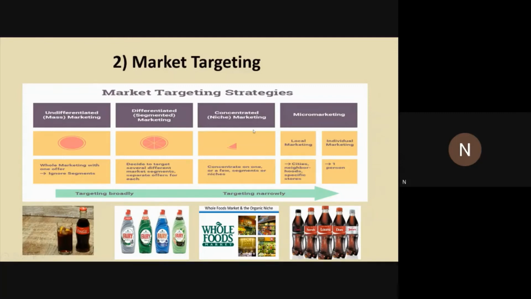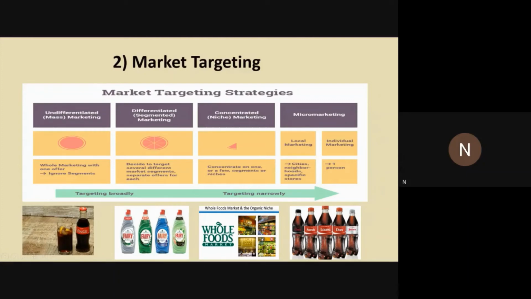The next one, which is called concentrated marketing, means that we look at the market. We only focus on one or a few segments, right? And we specialize our product, we serve it. For example, Whole Foods Market, we realize that consumers nowadays are health conscious. They are looking for nutritious types of food.